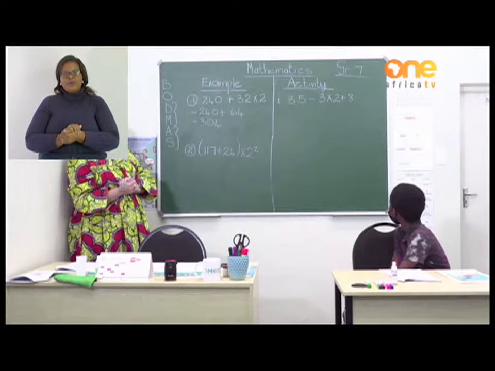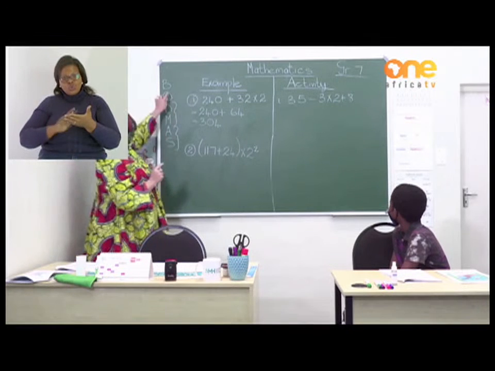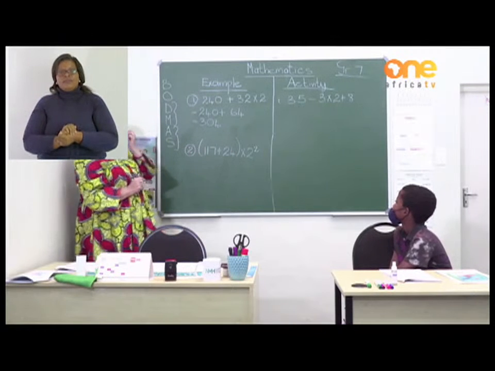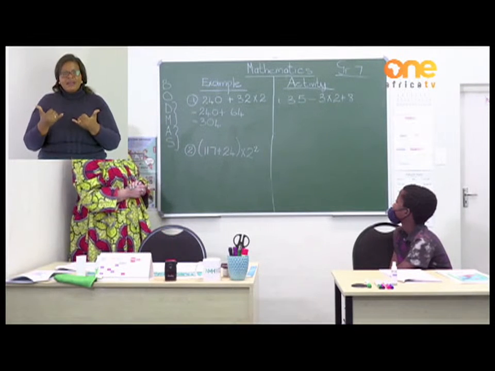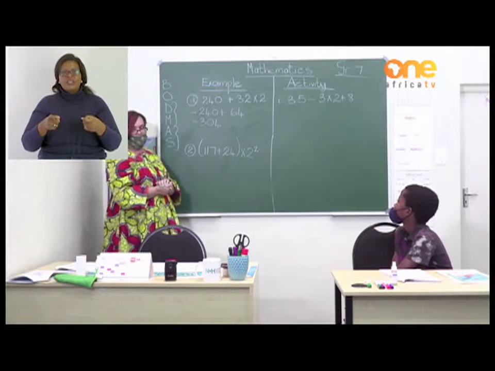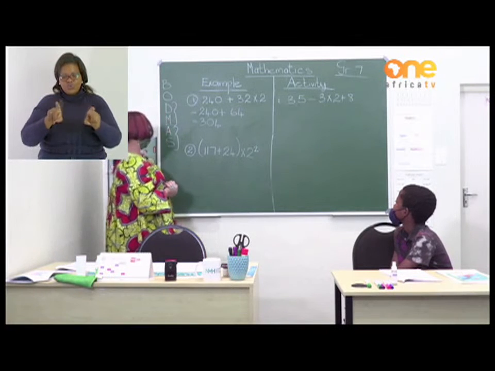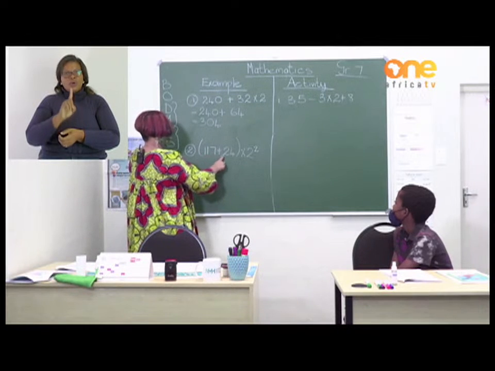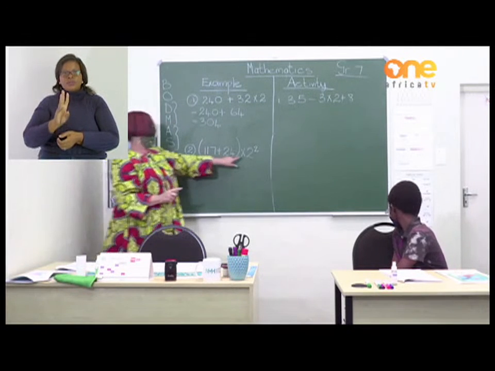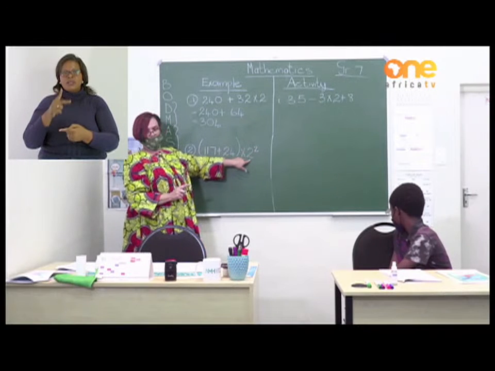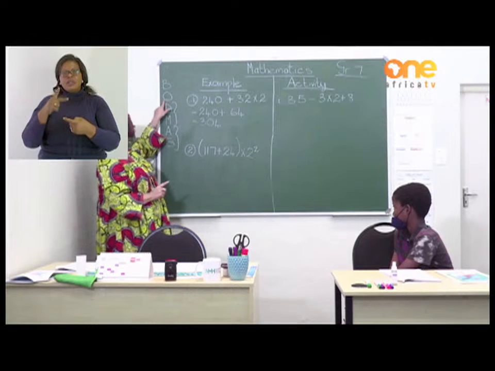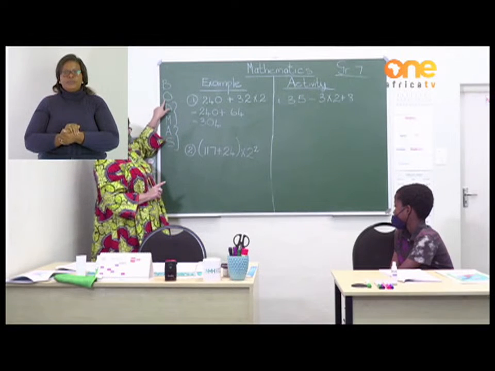All right, let's do our second example. Do you know what we are going to do first? Of course, brackets. In this sum, we have brackets, so we will do our brackets first. 117 plus 24 times 2 squared. 2 squared, which is order.